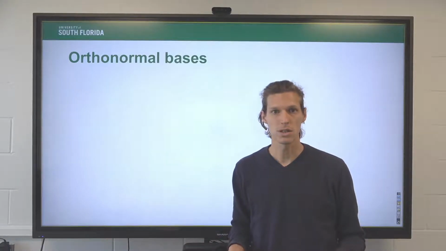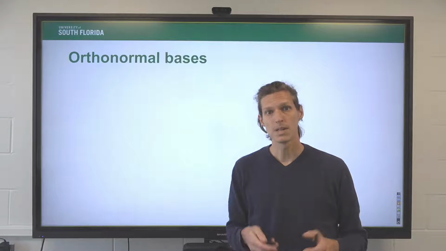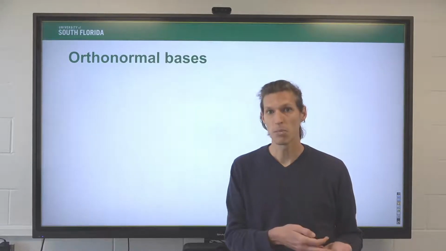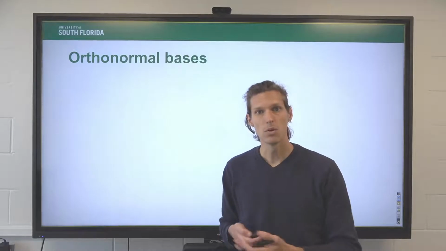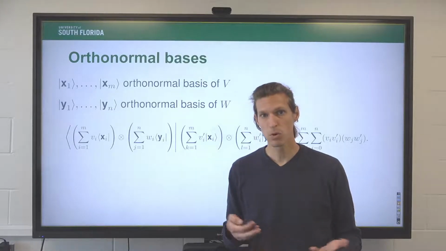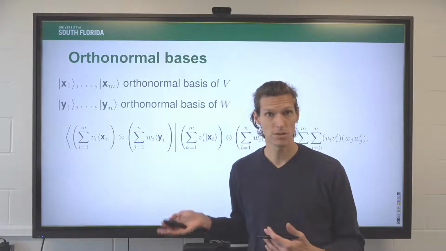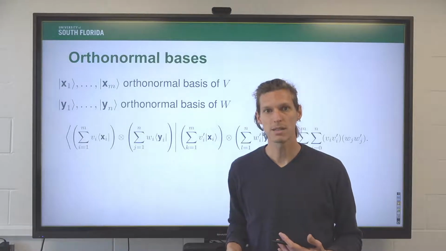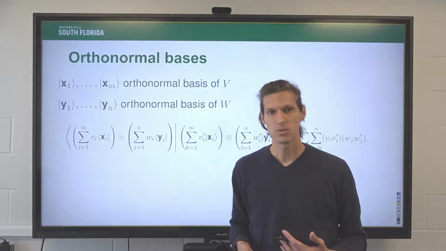So the question is, what happens when we take the tensor product of elements in orthonormal bases of V and W? Well, it turns out we'll produce an orthonormal basis because of the inner product we just defined. We'll turn it into an orthonormal basis of V tensor W.